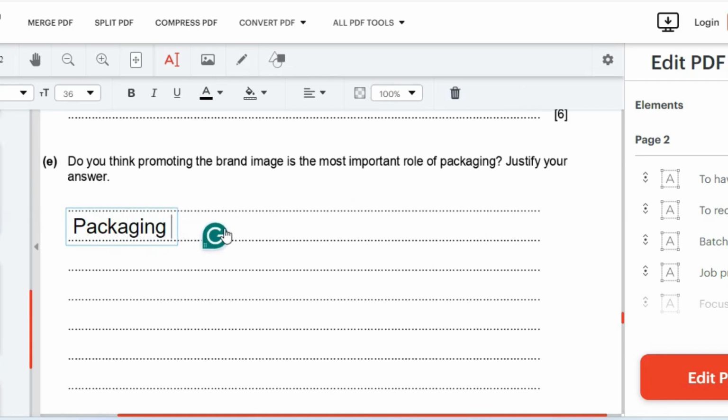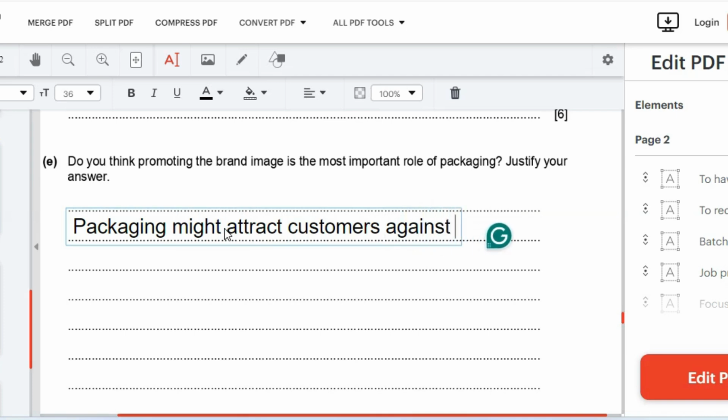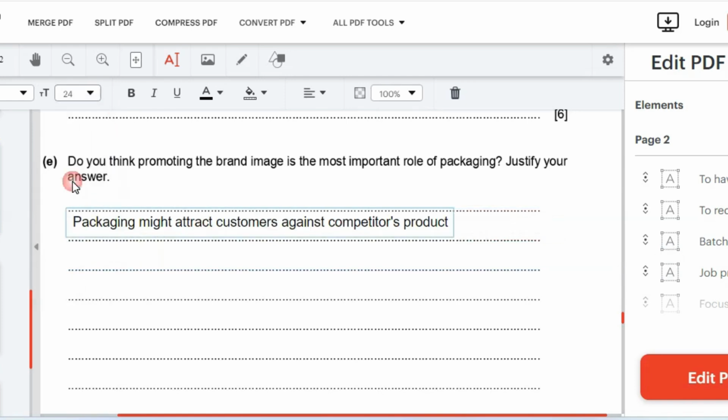Packaging might attract customers against competitors' products. And this can also help to increase sales, which can also lead to higher revenue. Let's try to reduce this.